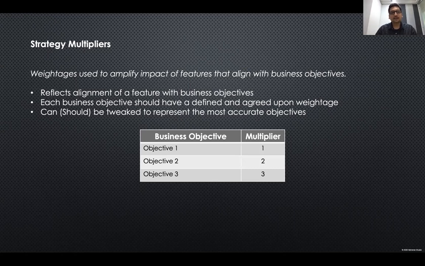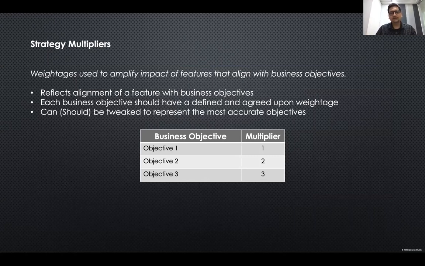So strategy multipliers are those weightages that are used to amplify the impact of features that align with your business objectives. And it kind of makes sense, right? So let's say there are 3 features, and out of those 3 features, there is one feature that really is aligned with the business objective. There should be some way for you to amplify the impact.